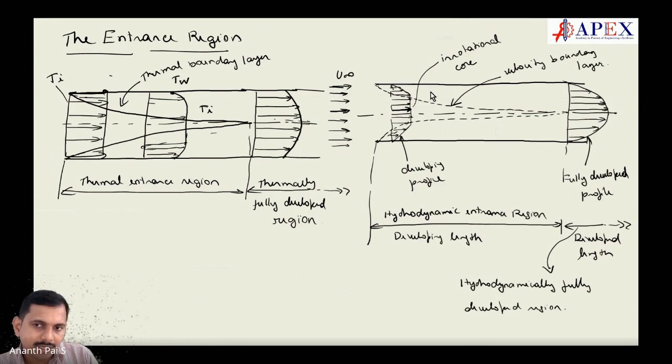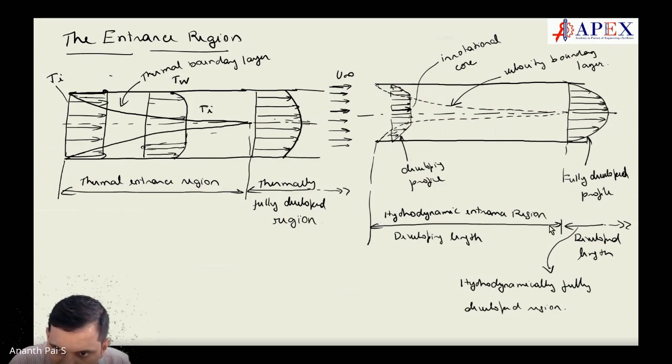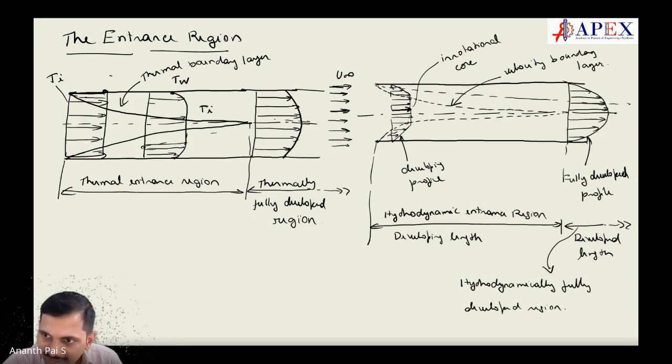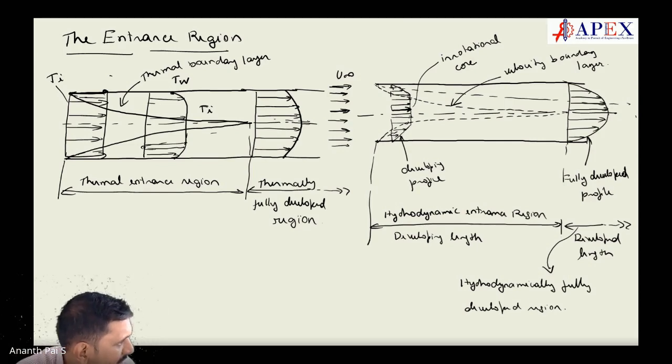If boundary layer thickness is small, then developing length will be high, is it not? Developing length is this length. If the boundary layer is small, when the velocity increases, this goes like this, and the two boundary layers meet at a much higher distance. The developing length will increase, is it not?